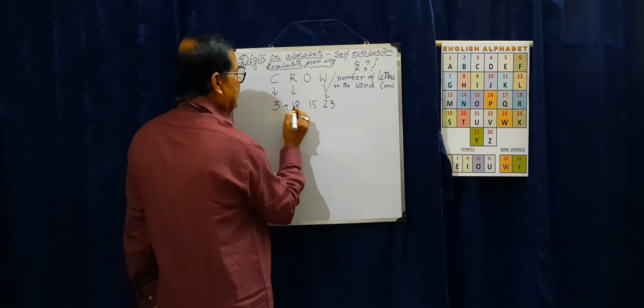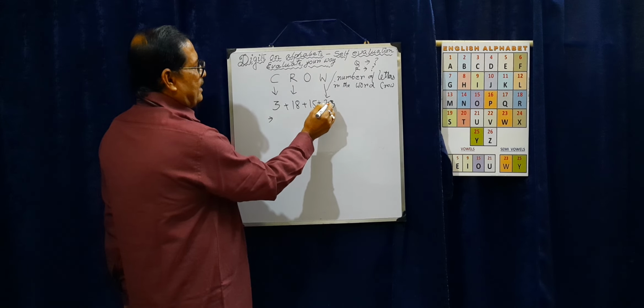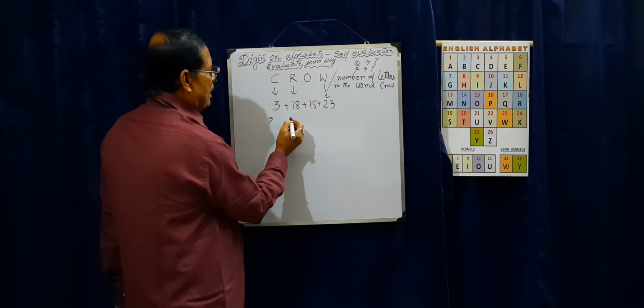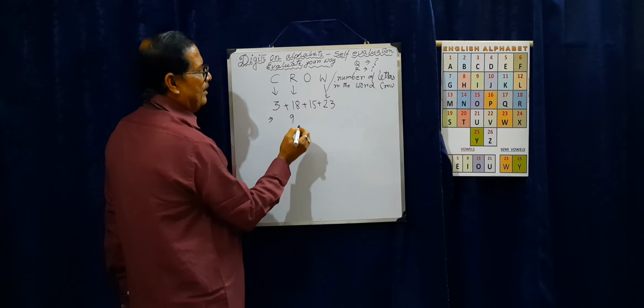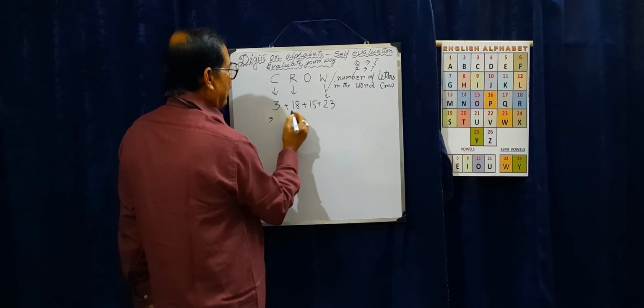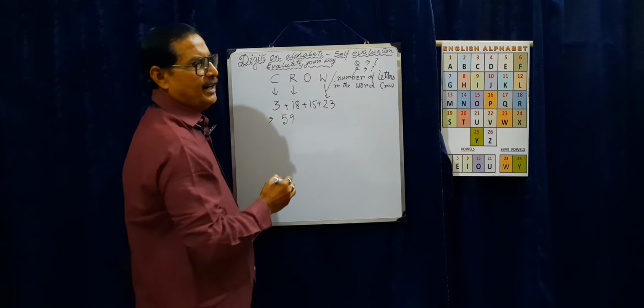If we add it, what will be the sum? 5 plus 3, 8. 8 plus 8, 16 plus 3, 19. 2 plus 1, 3, 4, 5. This is 59. Very fine. So we got 59.